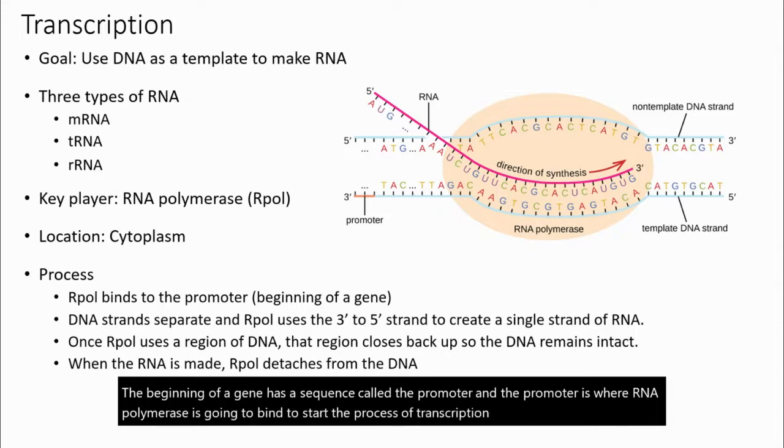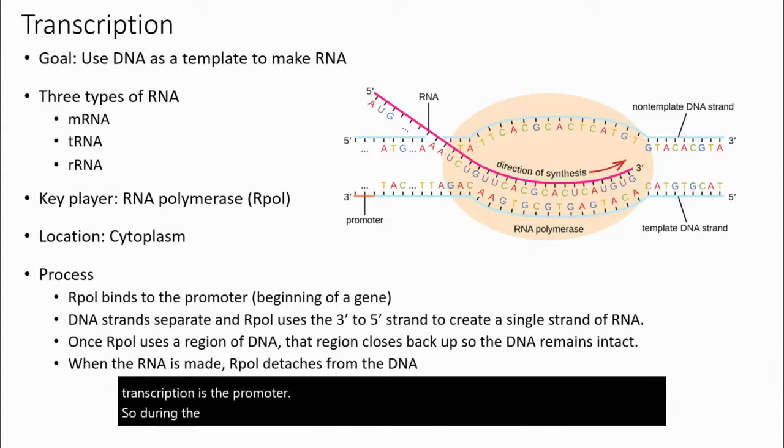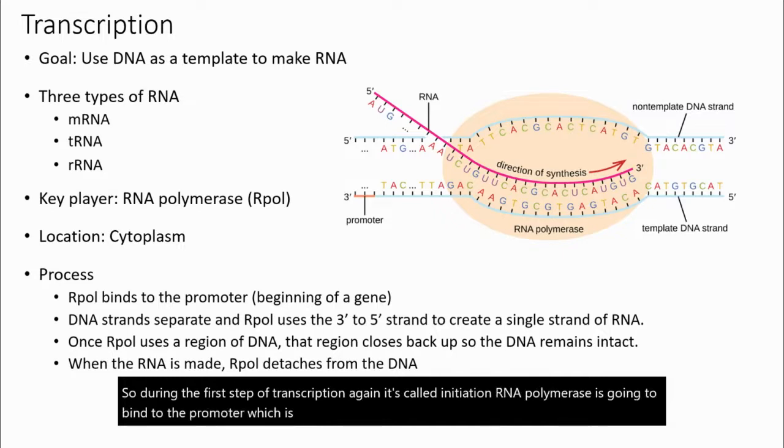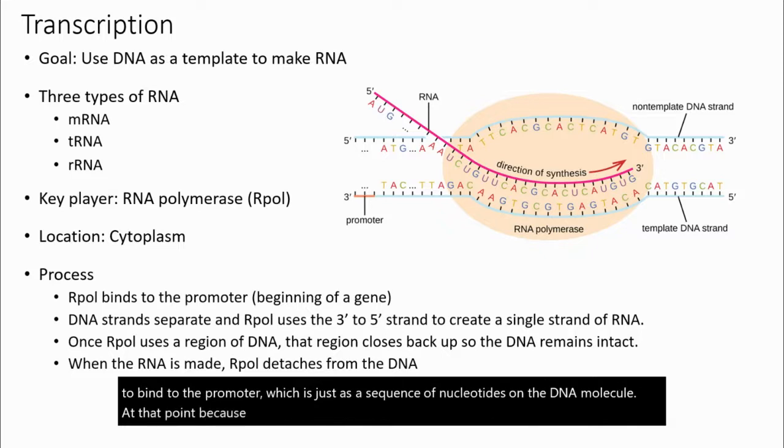So we say the start site of transcription is the promoter. So during the first step of transcription, again, it's called initiation, RNA polymerase is going to bind to the promoter, which is just a sequence of nucleotides on the DNA molecule. At that point, because RNA polymerase is the only key player, we're ready for step 2, which is elongation.